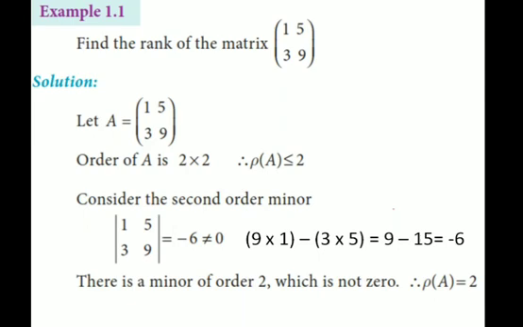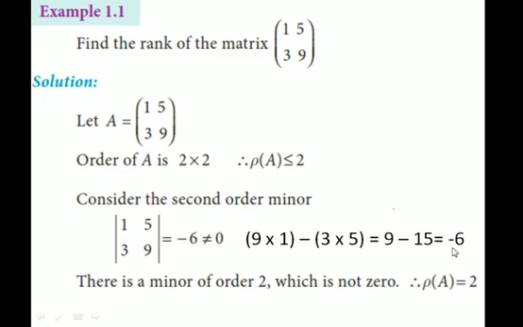Consider the second order minor. First you multiply, 9 ones are 9. Subtract minus 3 into 5. You multiply the diagonals: 9 ones are 9, minus 3 fives are 15. If you subtract, minus 6 comes.